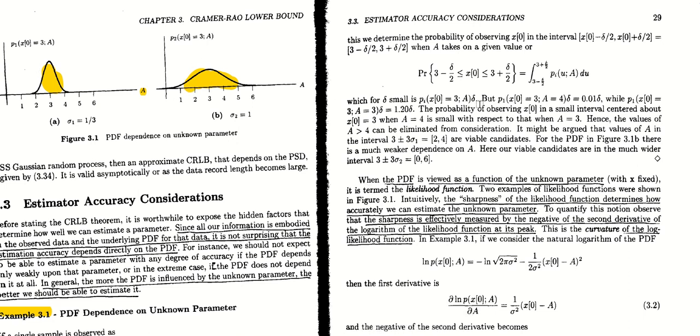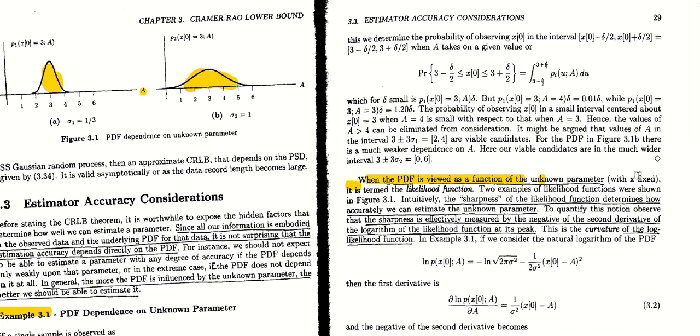So, without the details, let's go to here. When the PDF is viewed as a function of the unknown parameter with x fixed, as I mentioned, with the observation x already fixed, we call it the likelihood function.